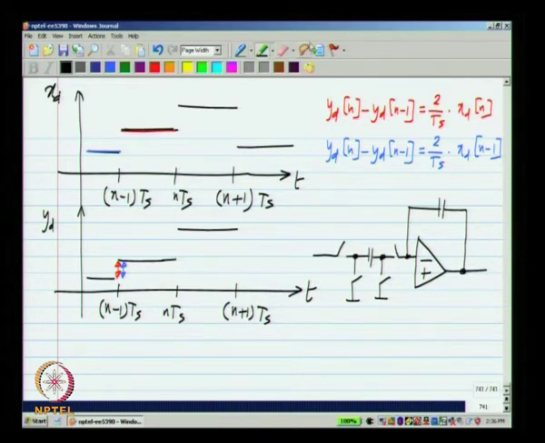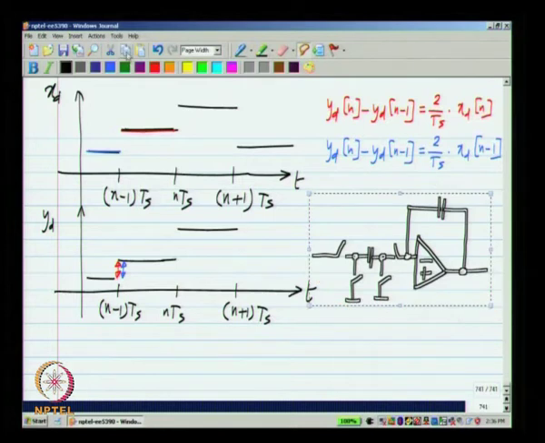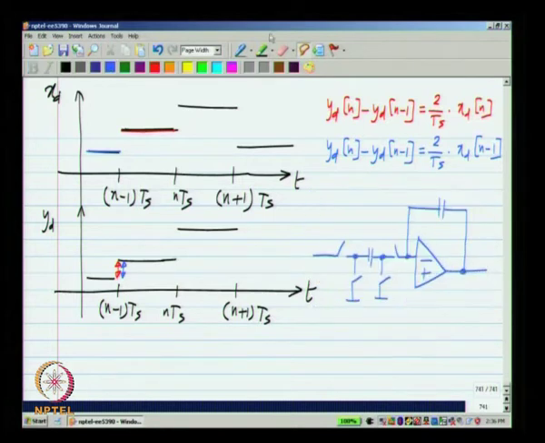Let us first consider the stuff shown in blue, okay, this corresponds to the stuff shown in blue, okay. And let us say that each clock period, this period is divided into two phases, okay, because we need to look at the value of the input capacitor and we need to change the voltage on the feedback capacitor, okay.